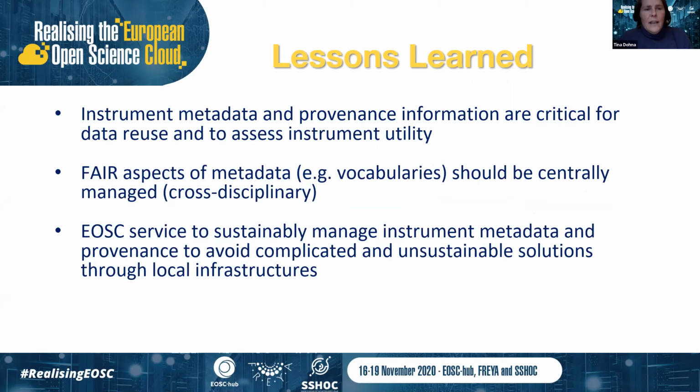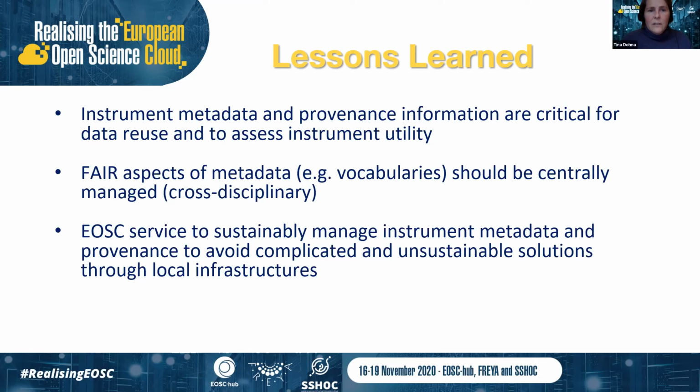And as lessons learned from this whole process, it is obvious that instrument metadata or instrument information is critical for data reuse. So this is a really important step in making high quality reusable data.